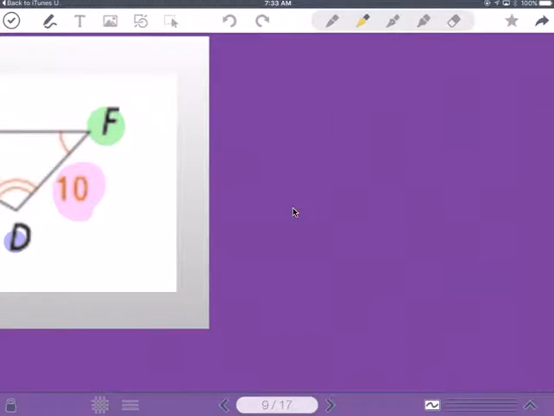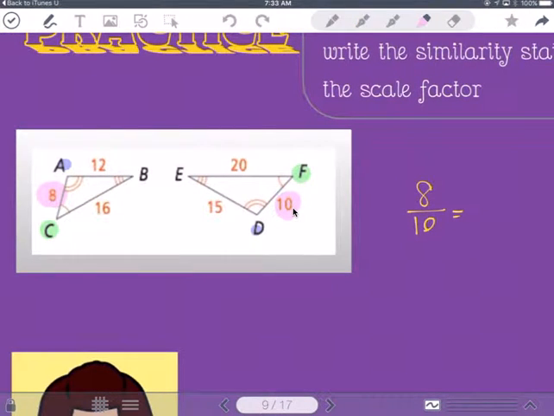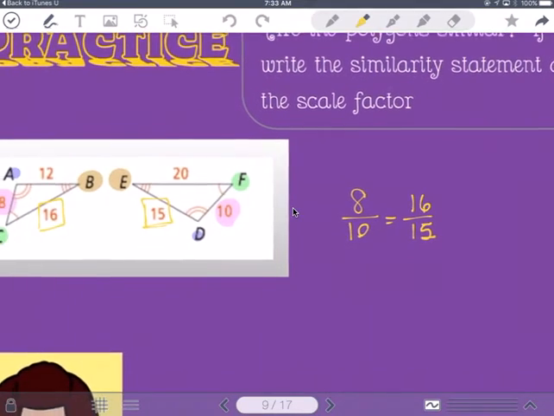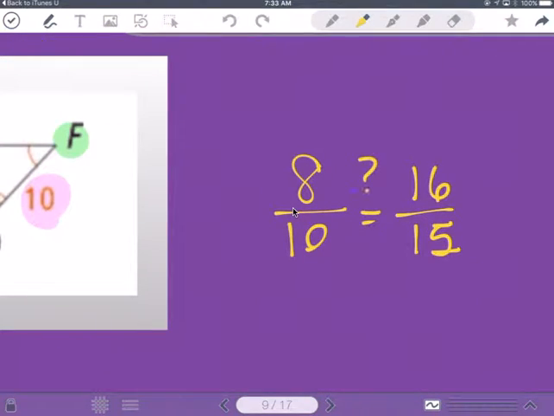Okay. Then you can look at the next one, which will be between D and E and C and B. So it's going to be 16 over 15. I'm just going to put a question mark here because we don't know yet.